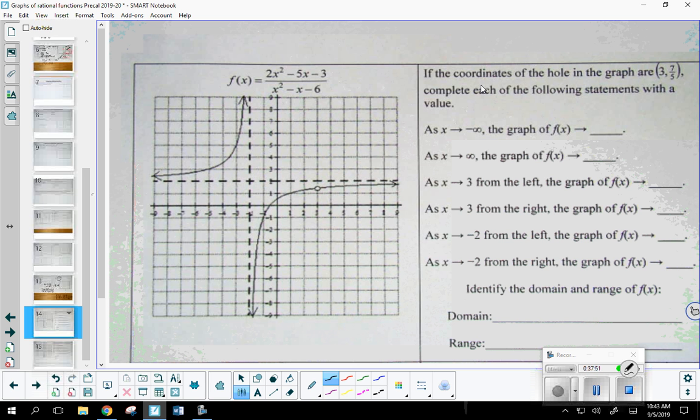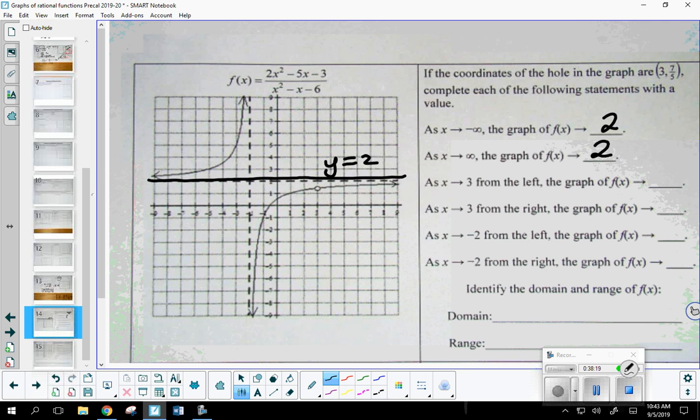Okay, so it does not matter if one branch approaches from above or if another branch approaches from below. Okay, as x goes to positive or negative infinity, what's the y value of the graph going to approach? 2. Where'd you get 2 from? Yeah, because isn't the horizontal asymptote y equals 2?